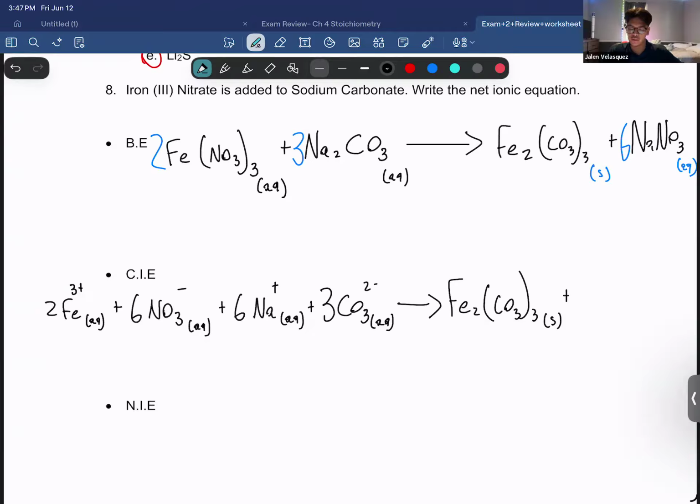It's aqueous, so we can ionize that as well. So we'll have 6 sodium plus and 6 nitrate minus.